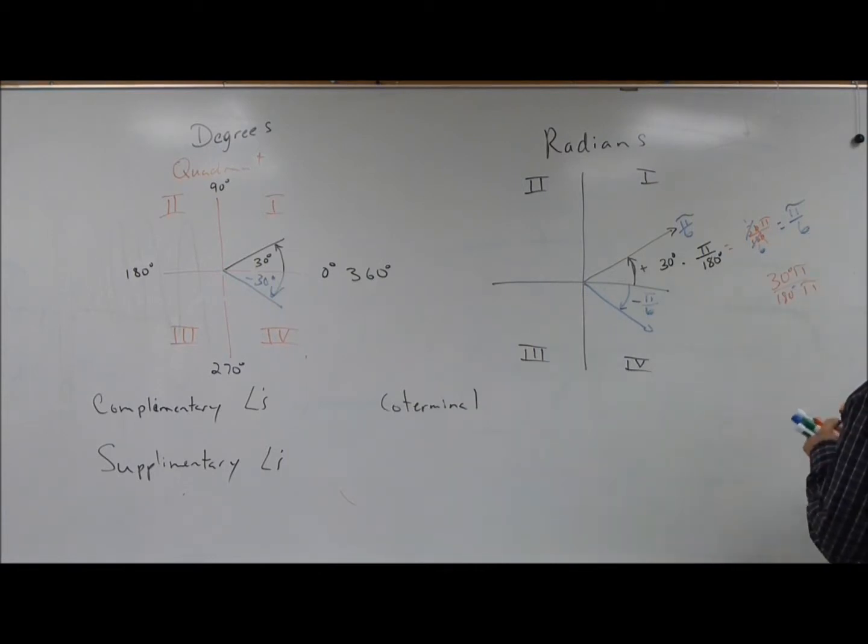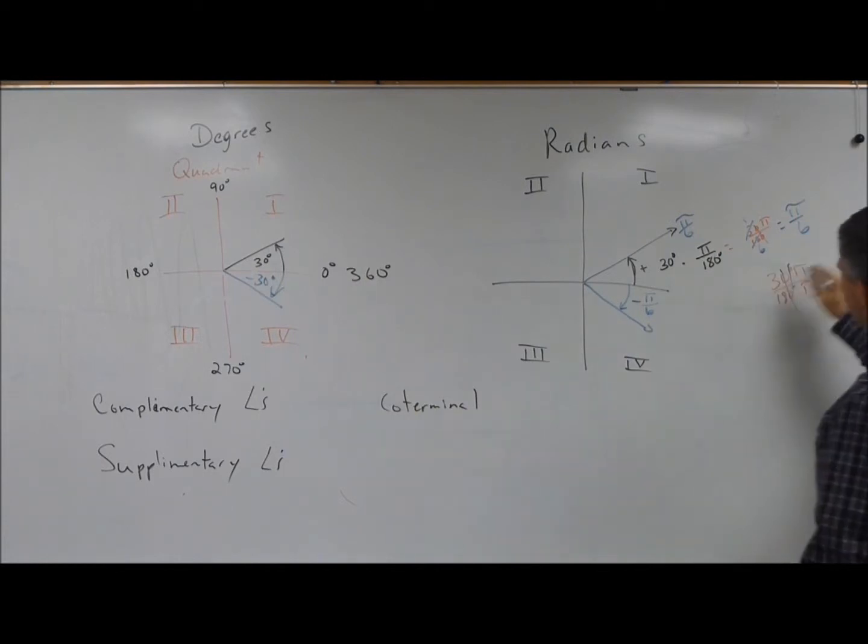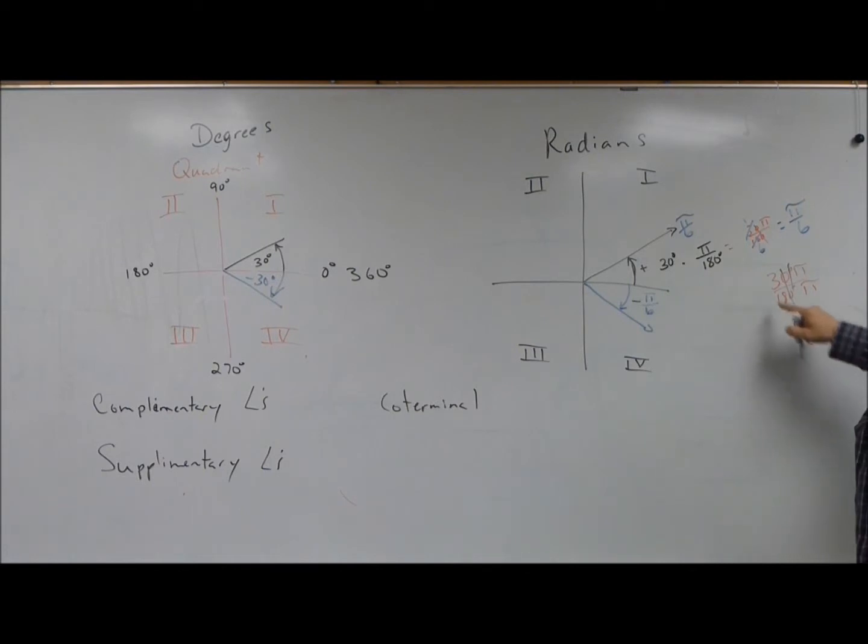The degrees cancel, the 0s cancel, and now you cancel the 3 and the 18: 3 goes into 3 once, and 3 goes into 18 6 times. So we have just 1 times pi over 6, so we get pi over 6, and that's how we change 30 degrees to pi over 6.